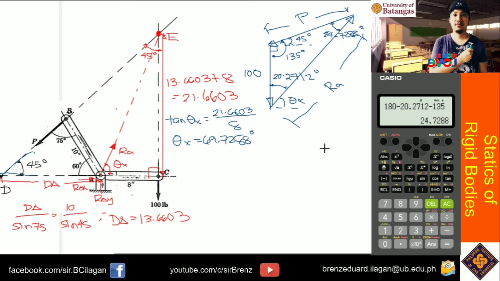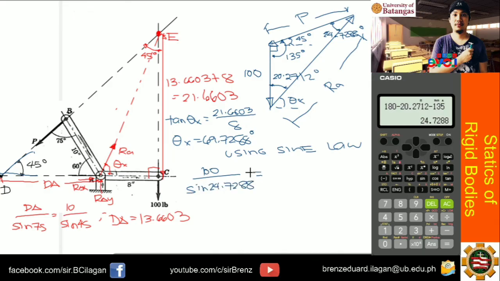to? So, tama, using sine law lang or cosine law. Gamitin natin sine law. Using sine law, yung tapatan lang, diba? So 100 over yung katapat ng angle, sine of 24.7288 equals to RA over sine ng 135, that is equals P over sine ng 20.2712.